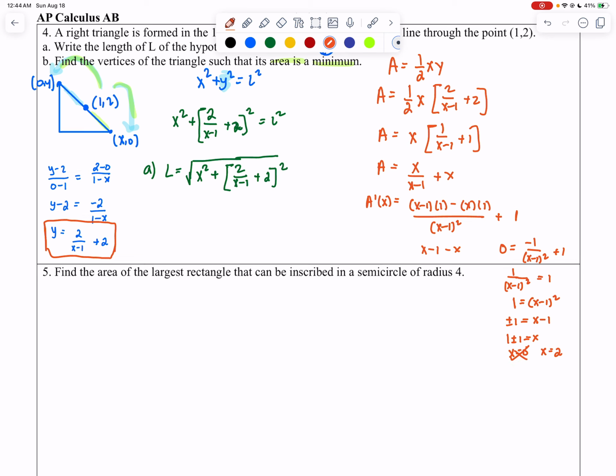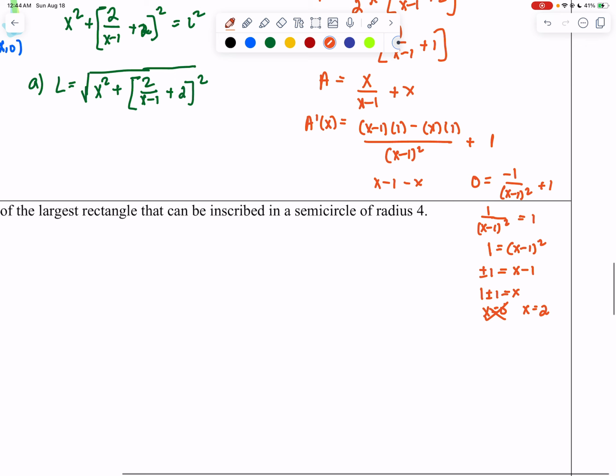So now I am going to make my little sign chart at 2, but being careful that I don't pick anything before 0 and at 0. I'm also going to be careful because I don't want to pick 1 either, because 1 is going to give us an undefined value. So we don't want her either.